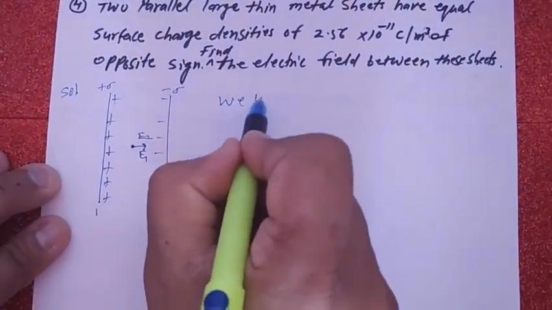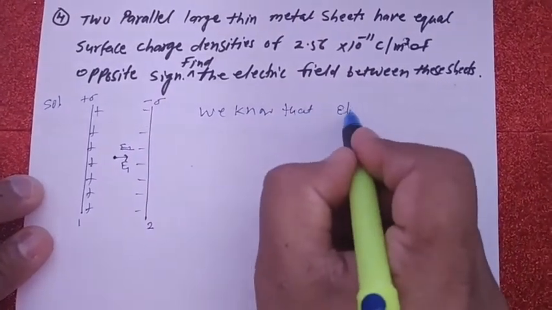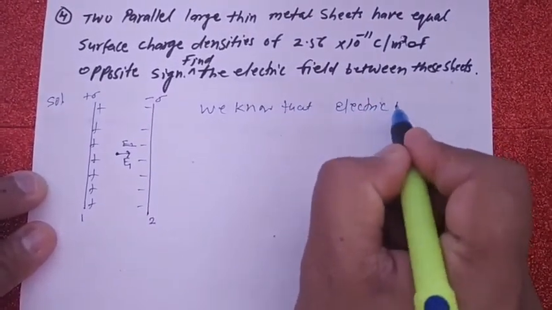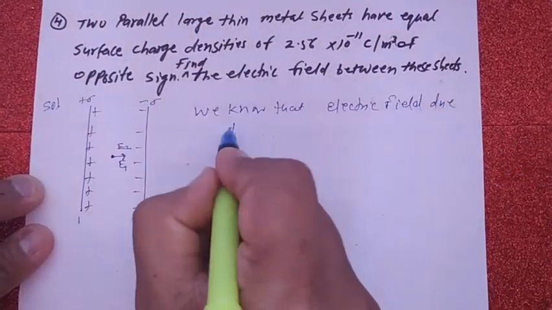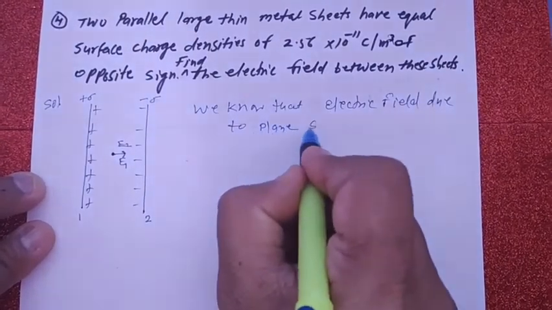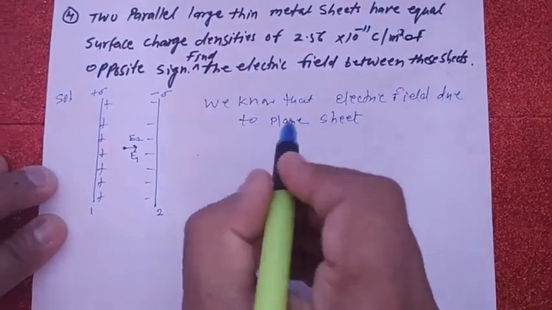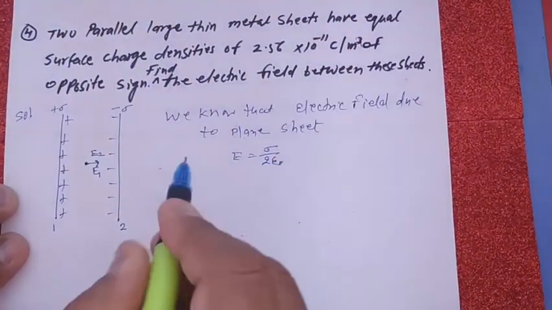We know that the electric field due to a plane sheet is E equal to sigma upon 2 epsilon naught.